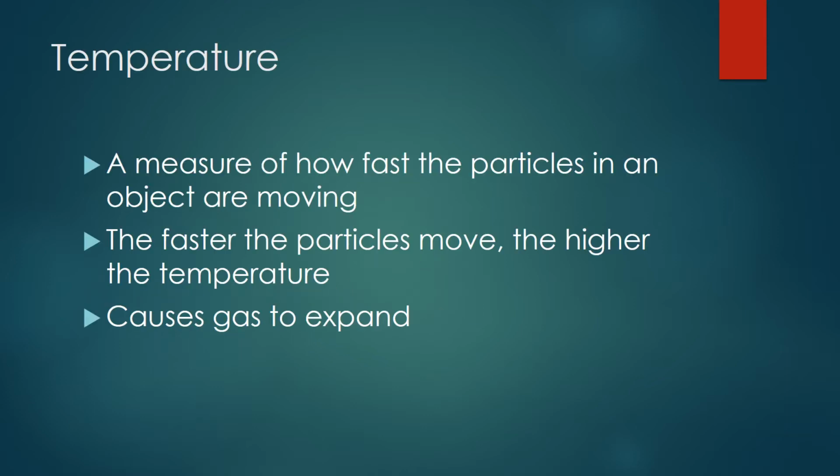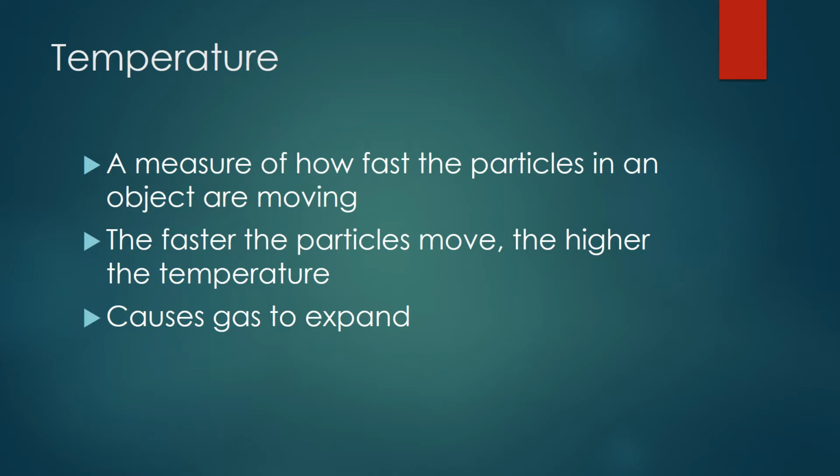So first off, temperature. Everything has temperature. The definition of temperature itself is the measure of how fast the particles in an object are moving. So the faster the particles are moving, the higher the temperature is. There's a misconception a lot of times that people think that the higher the temperature, the faster the particles, but it's actually related the opposite way.